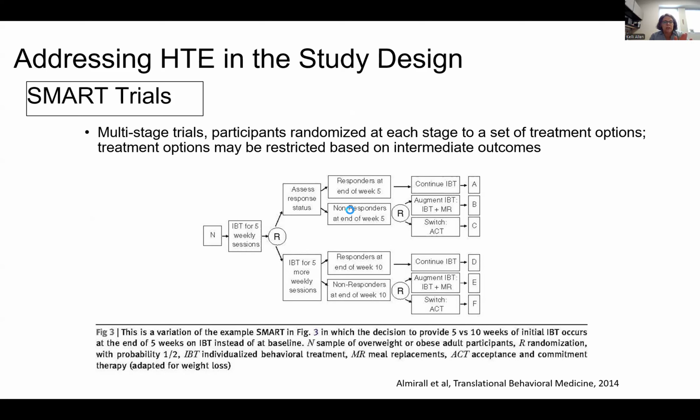So this is a little bit more of a complicated one. You can find even more complicated SMART trials, but the basic idea is that you do look at response to an initial therapy, and then you will re-randomize people to different treatment options often based on response or non-response. Okay. So that's just a little bit about SMART trials.